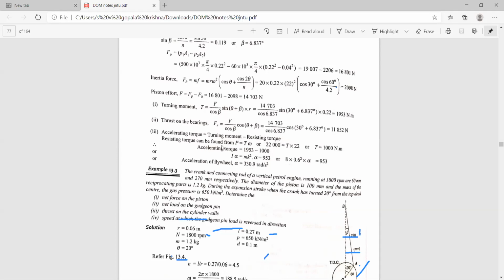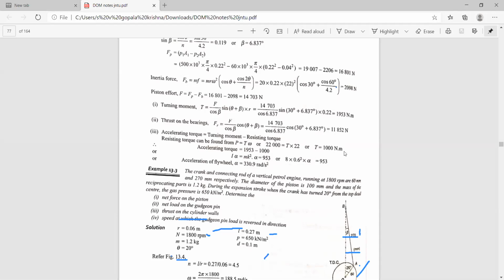Resisting torque is found from the formula P equals T omega. P is already there, 22 kilowatts. So 22,000 equals T into 22, so T is 1000 Newton meter.